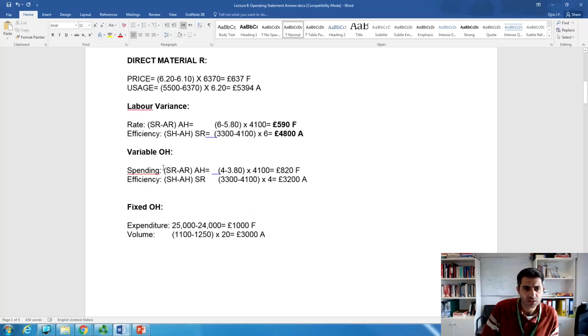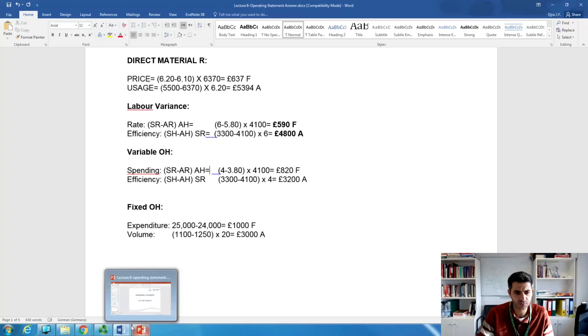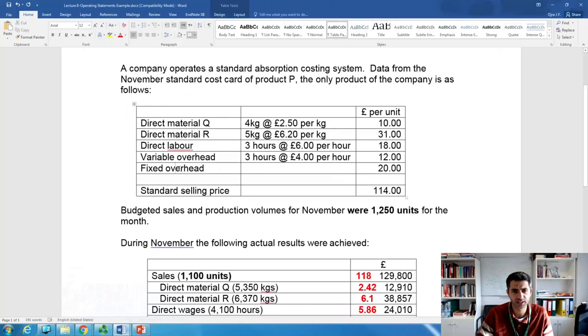As you see here, we have the spending variance, which is standard rate minus actual rate, times actual hours. The standard rate for variable overhead is £4, isn't it?